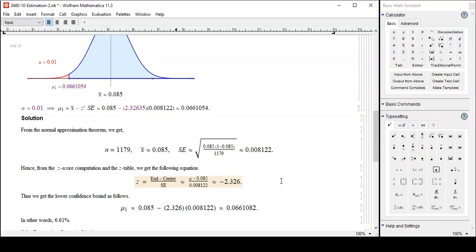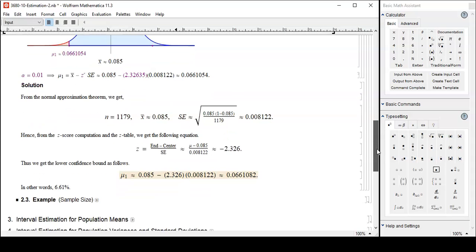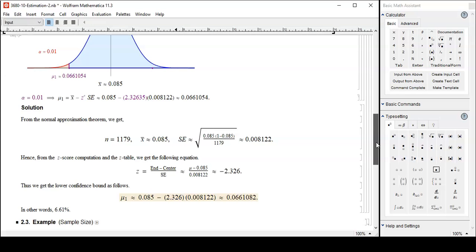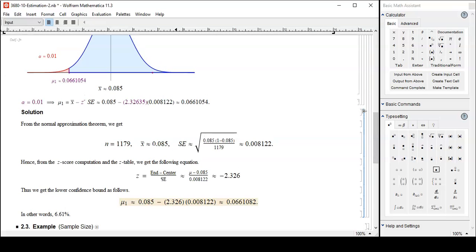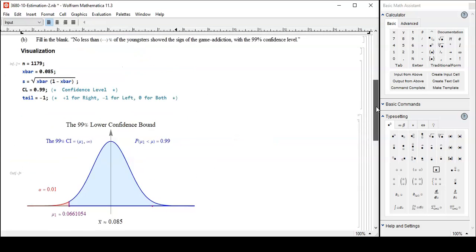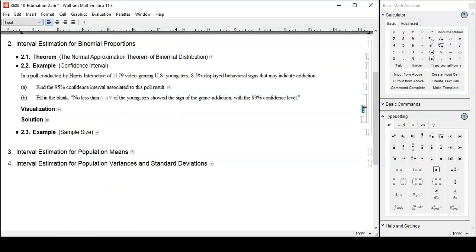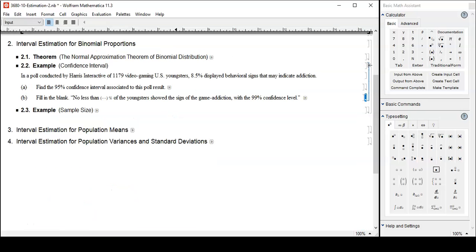Negative 2.33 is fine because it came from the z table I provided you. If you use a statistical calculator, you're going to get this kind of figure. Anyway, either way is correct, and you're going to get 6.61% approximately speaking. So that is the 99% lower confidence bound.